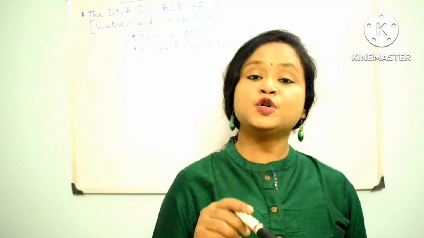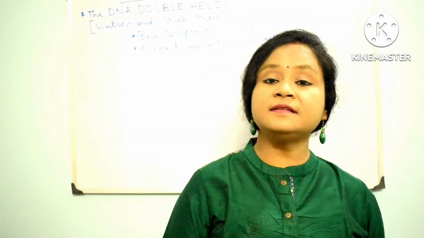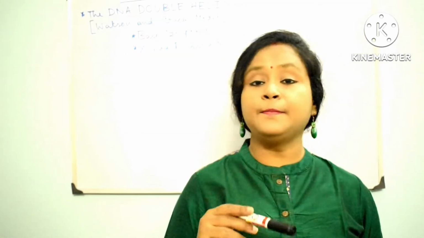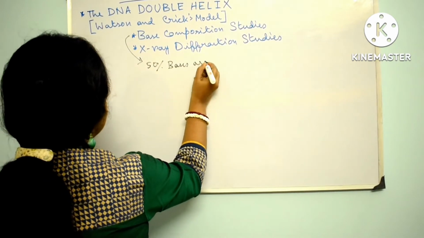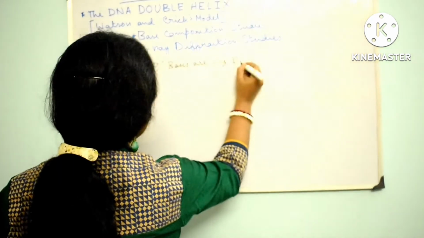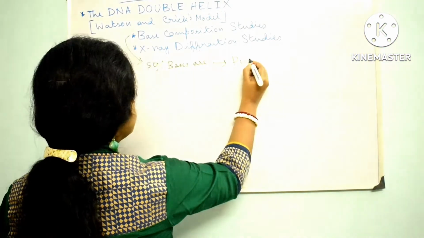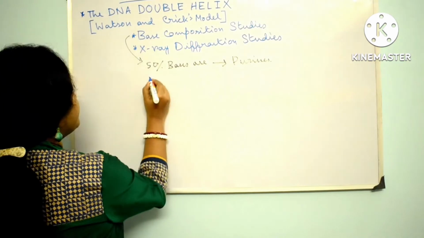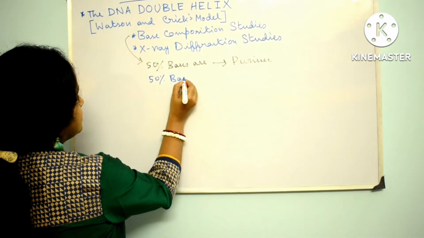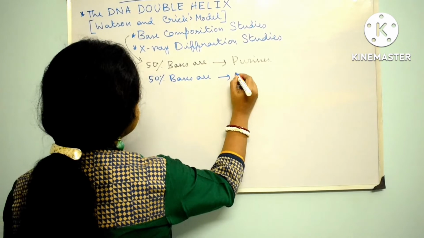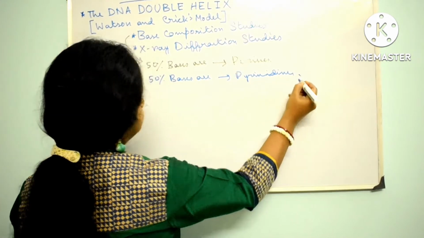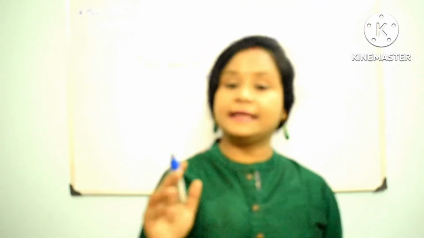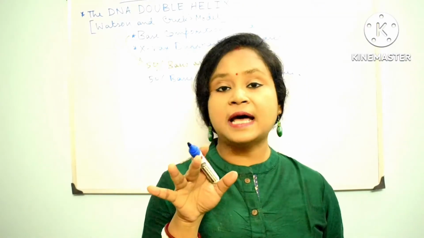His studies showed that 50% of the bases are purines and 50% of the bases are pyrimidines. And the amount of adenine equals the amount of thymine.